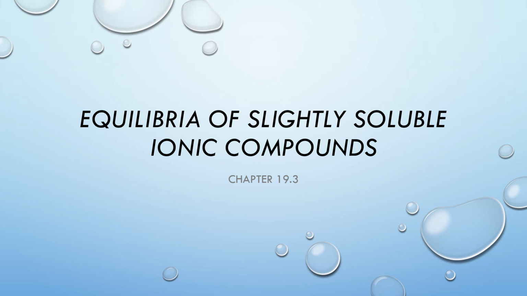So they're slightly soluble, and the solubility is very low, so we can refer to them as insoluble. In this chapter, we're gonna see how to calculate the solubility or the solubility constant for these ionic compounds.